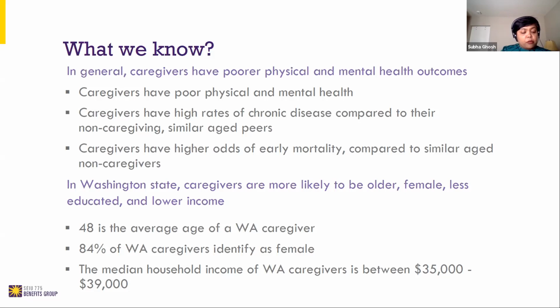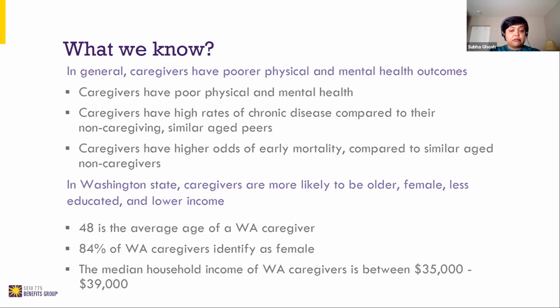And while that's the health part of it, there are also socioeconomic factors. Specific to the Washington caregivers, the average age, as you can see, is 48, but primarily they are older adults who are also caring for older adults and people with disabilities, and predominantly female, with socioeconomic disadvantages in terms of low income and lower levels of education.